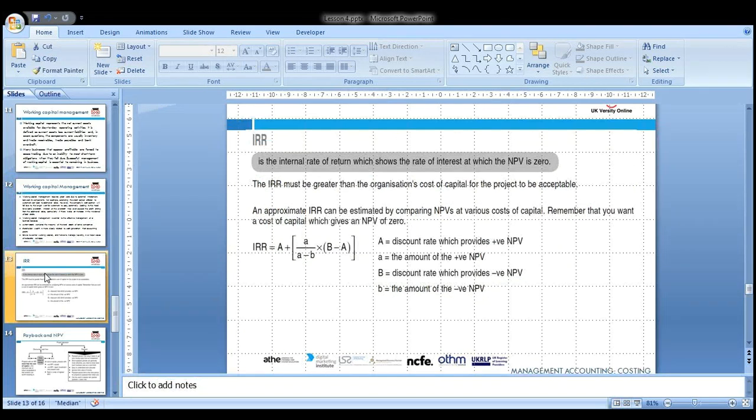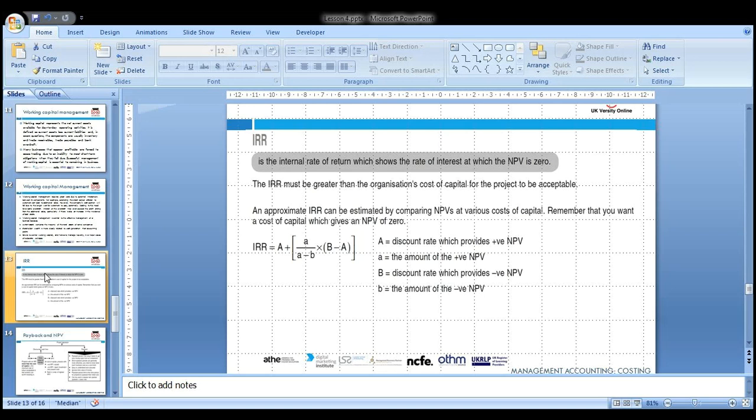Okay, so next we are looking at appraisal. Appraisal means checking the performance, which we will go through further in the last lesson, in learning outcome 5. IRR is called internal rate of return. It shows the rate of return at which the net present value is 0. Net present value means the value of the money which we will get in future. So IRR must be greater than the organization's cost of capital.